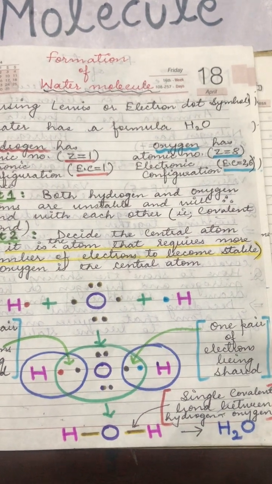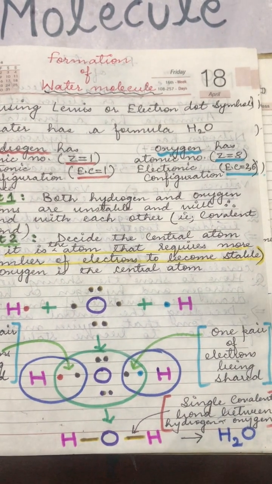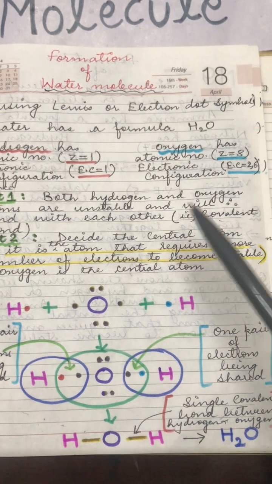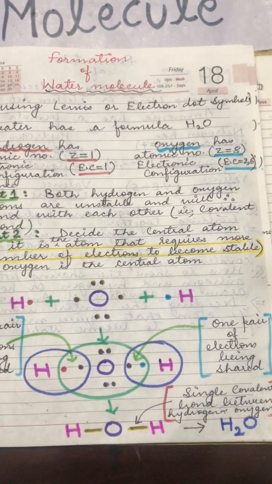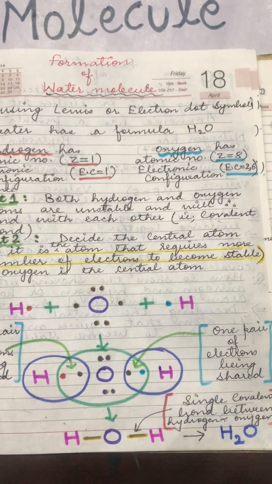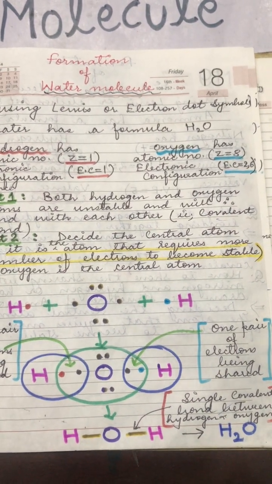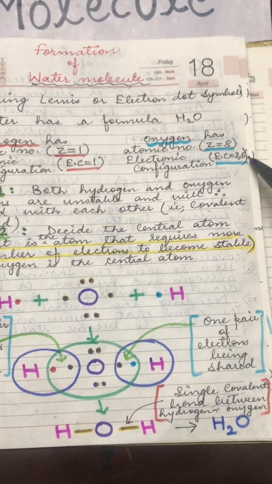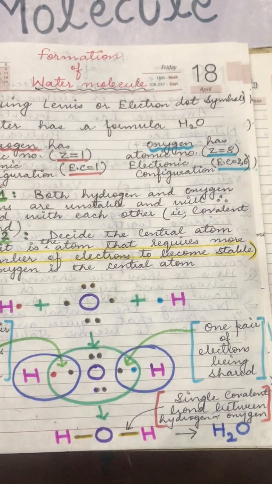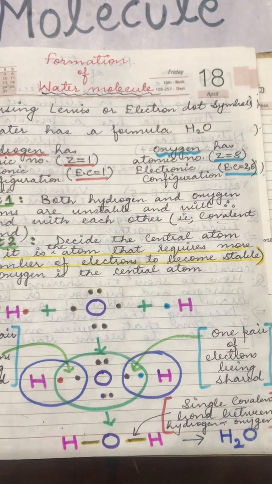As we can see very clearly, hydrogen has one electron in its outermost shell. It requires one more electron to become stable, that is, to follow the duplet rule. On the other hand, the oxygen atom requires two more electrons to become stable and follow the octet rule.